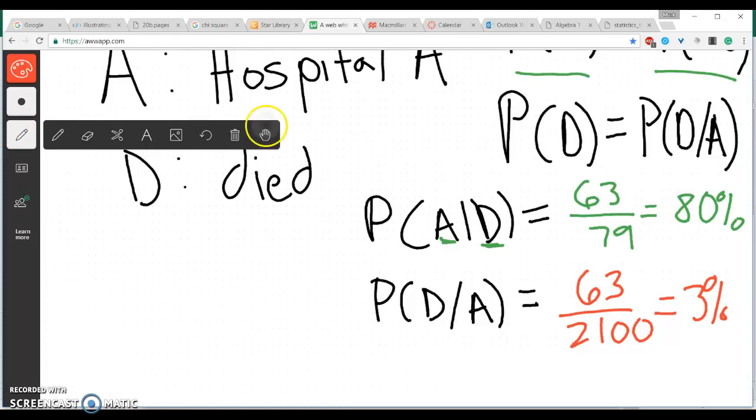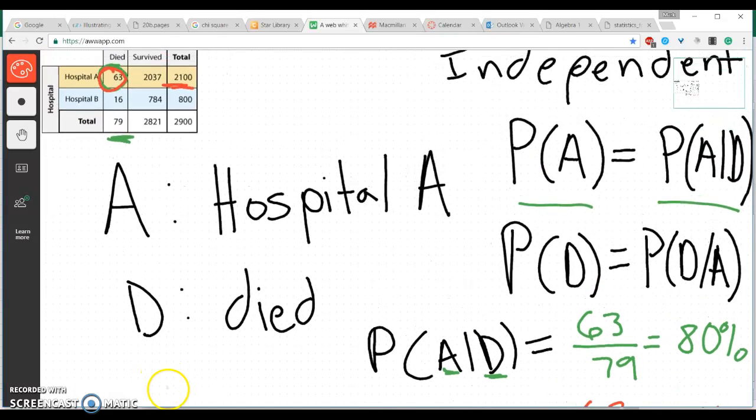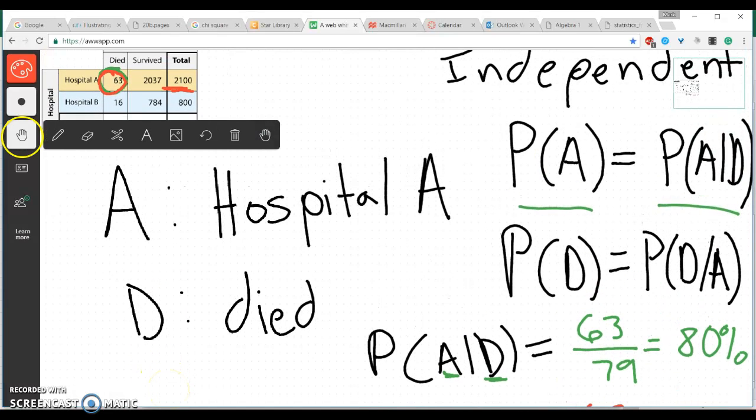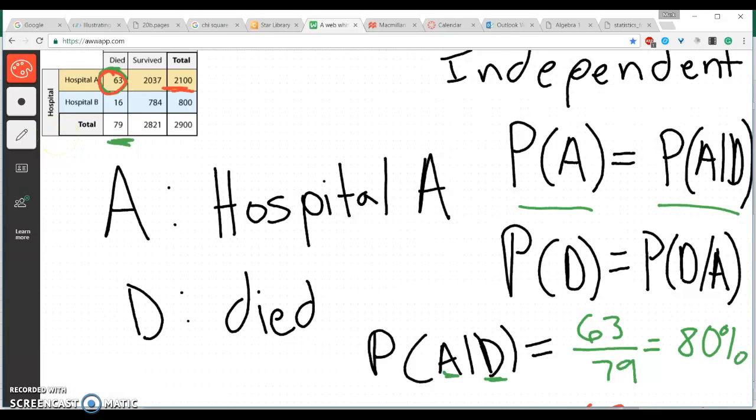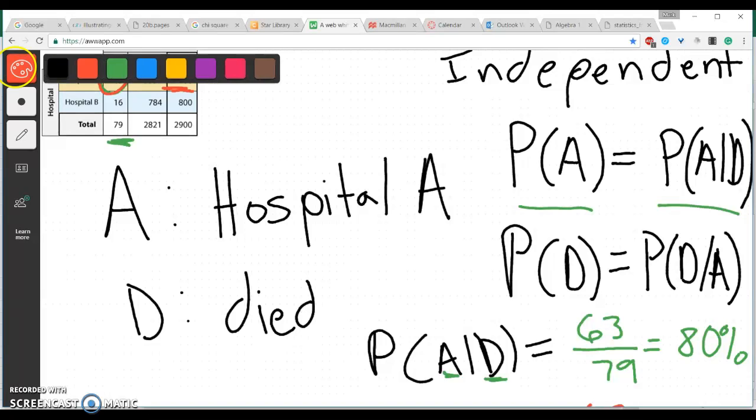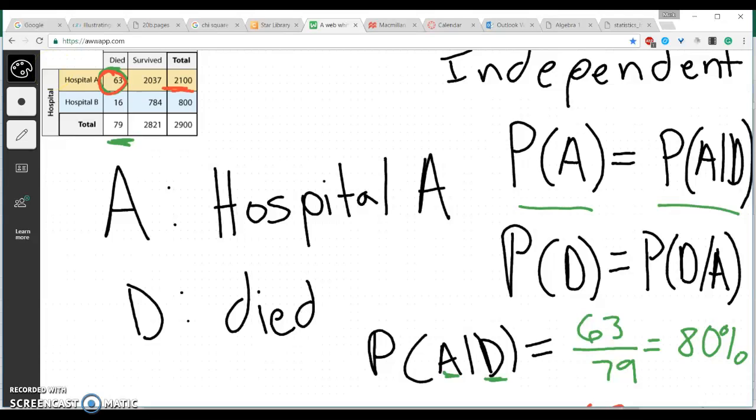Now let's check if these probabilities are actually independent. So independent generally means the two events aren't related. But for this, we're going to see that these things are not independent. Because if I look for the probability of A, the probability of A would be 2100, because this would be the probability that you went to hospital A, over 2900.